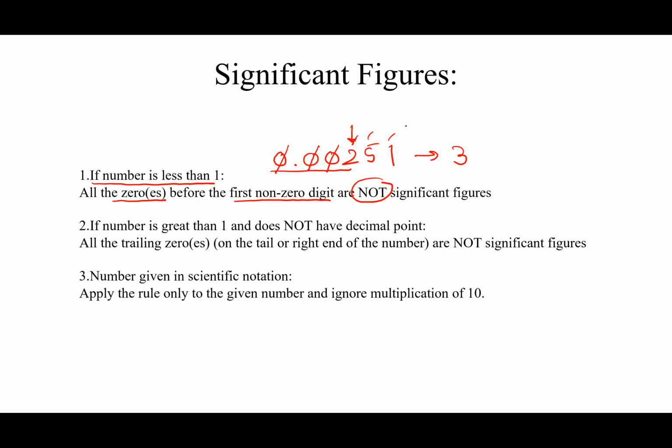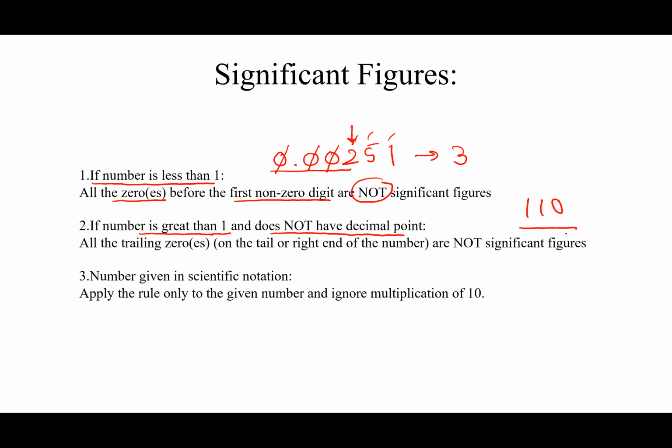The second rule: if the number is greater than 1, so it's not just one condition, there are two conditions that need to be matched. First, it has to be greater than 1, and second, it should not have any decimal point in it. For example, if I have 110, we can see it is more than 1, and also we do not see any decimal place in this.